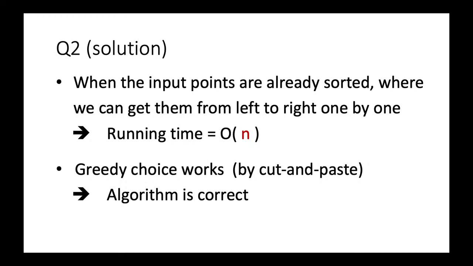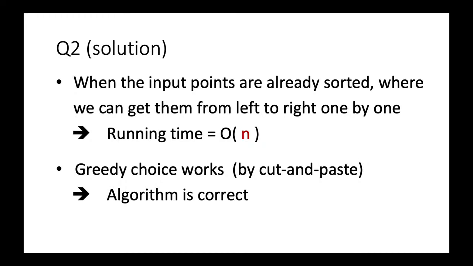First of all, if the leftmost point is far away from the second leftmost point, then no matter what we do or the optimal algorithm is doing, we must both cover this point with only one line segment because it cannot be shared with another one. So in such a case, both our algorithm and the optimal algorithm will make the same decision. So in this case, it is an easy case.